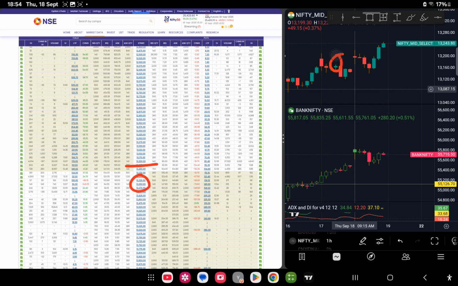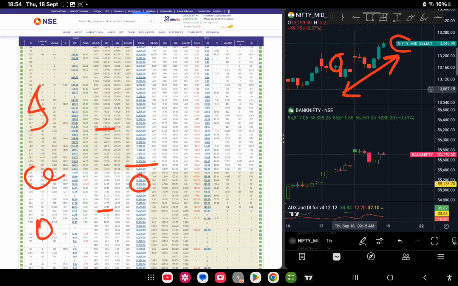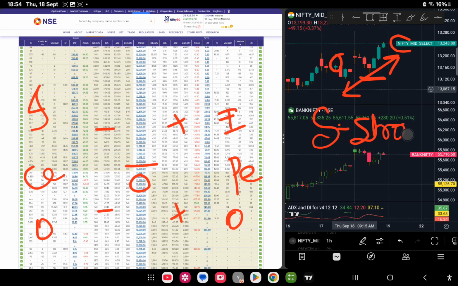You could see open and close are almost diagonal. That means the decay would not be favorable. That's why you see negative on the call side of OTM as well as ITM, and positive on the ITM as well as OTM of the put side, because clearly the support was strong and resistance is weak.